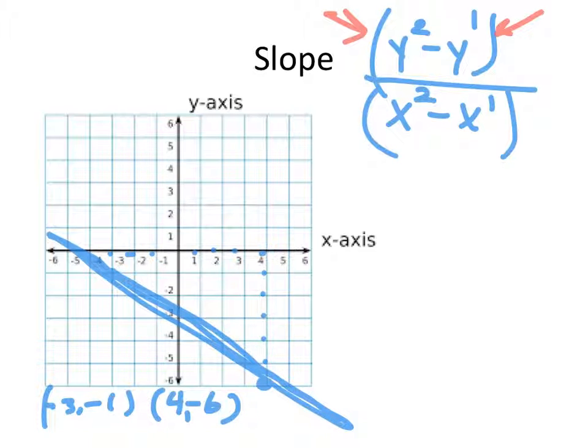So for example, on my 2 points, I have a height of -1 on this point and -6 on this point. So y2, -6, take away y1, -1, is the top part of my formula.